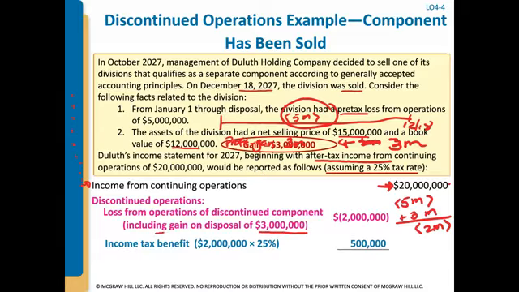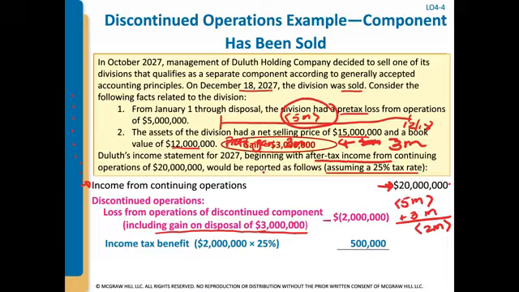It says including gain on disposal. So if you report it all on one line, you have to say in parentheses or in a disclosure note what the gain on the disposal was, so the reader knows the gain or loss on disposal.